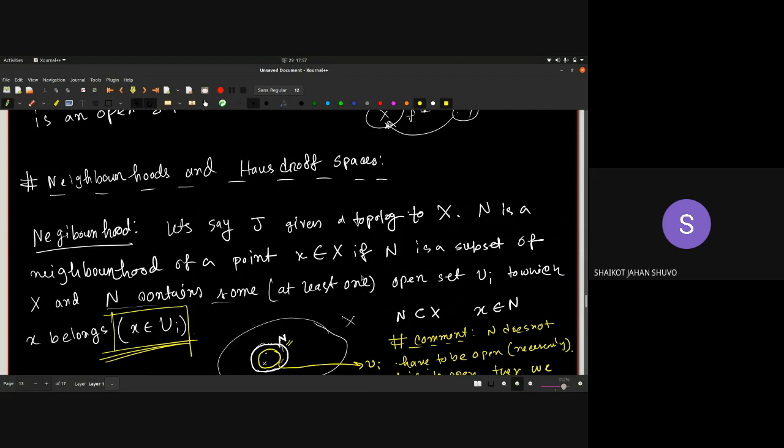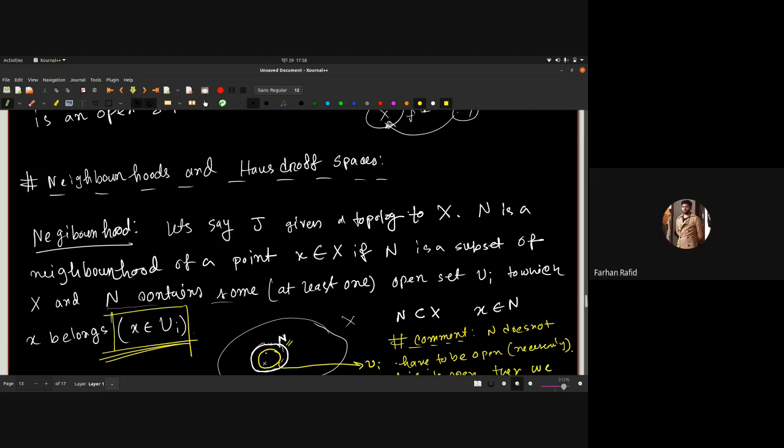First of all, you have to put your element inside N. N has to be a subset of X, and N also has to carry an open set that contains small x inside itself. So your null set doesn't contain anything, so it cannot be. Not all the things you can define will qualify as a neighborhood.